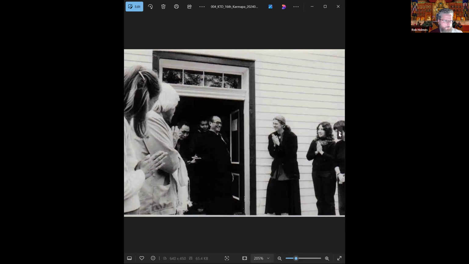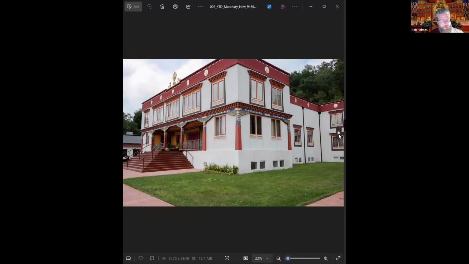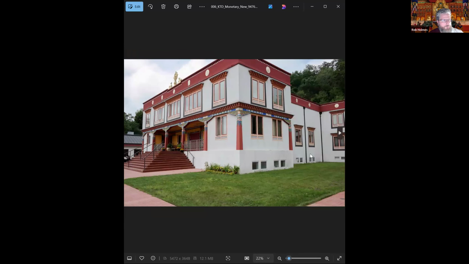This is a mid photo showing the old White House where it used to be, and then the temple monastery where we practice. And then this is a more modern view where you don't have the old White House anymore.